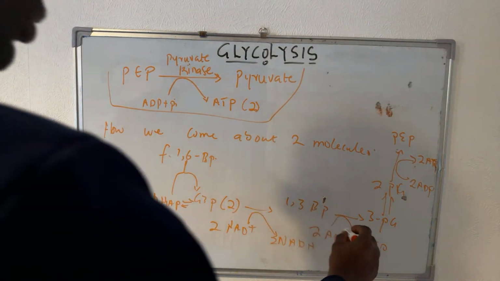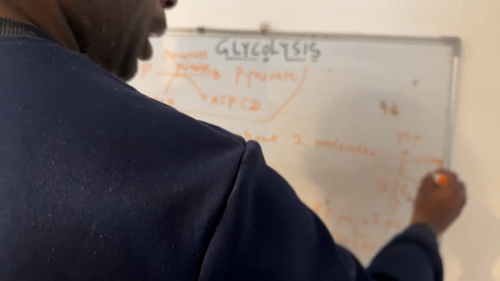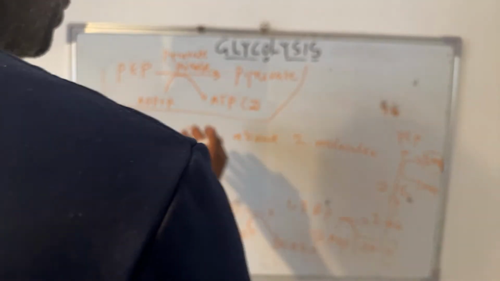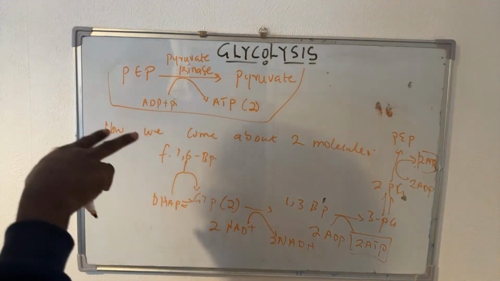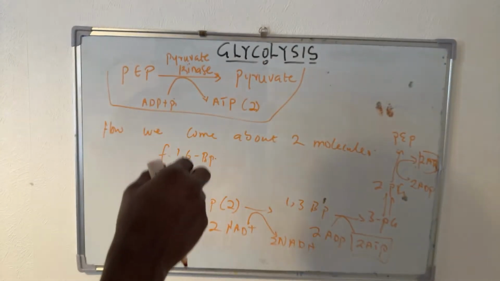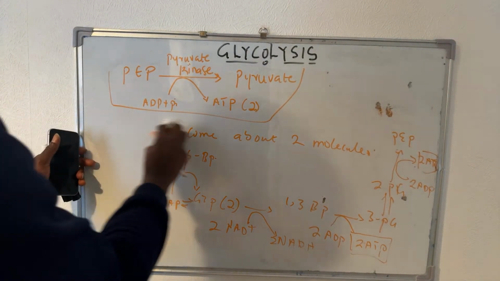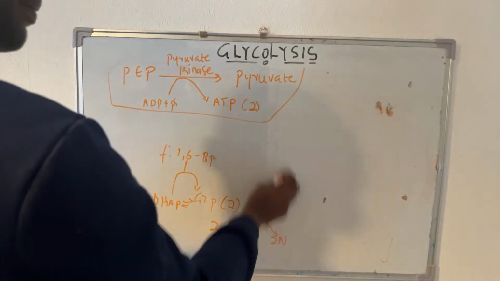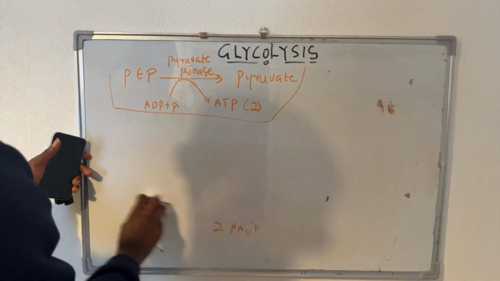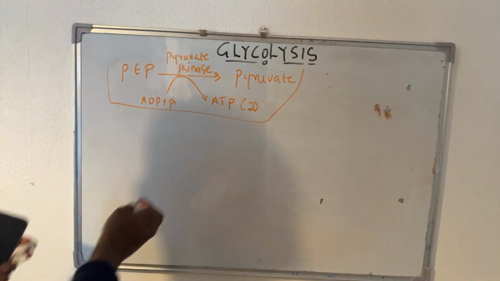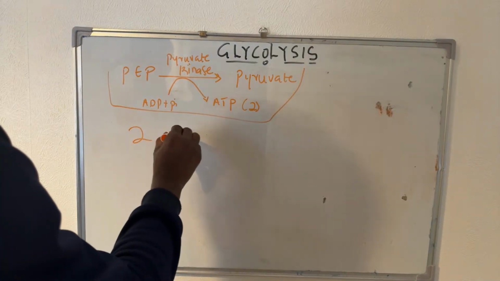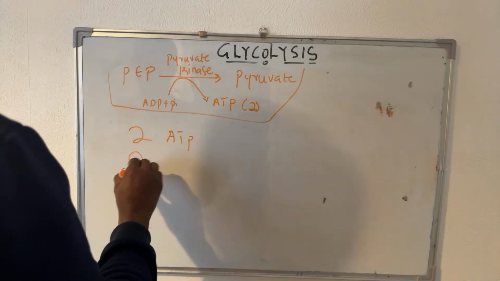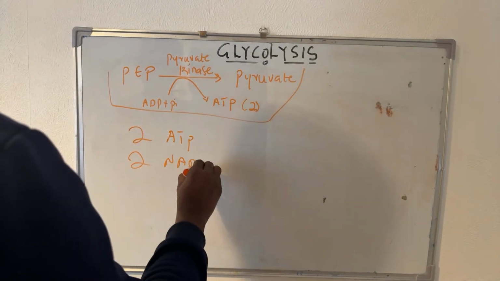So if you take a look, we have 2 here and we have 2 here. So in total, 2 ATP was invested and 4 ATP was harvested. That's why we say that the net yield of ATP in the process of glycolysis is 2 ATP. And then you also have 2 NADH.